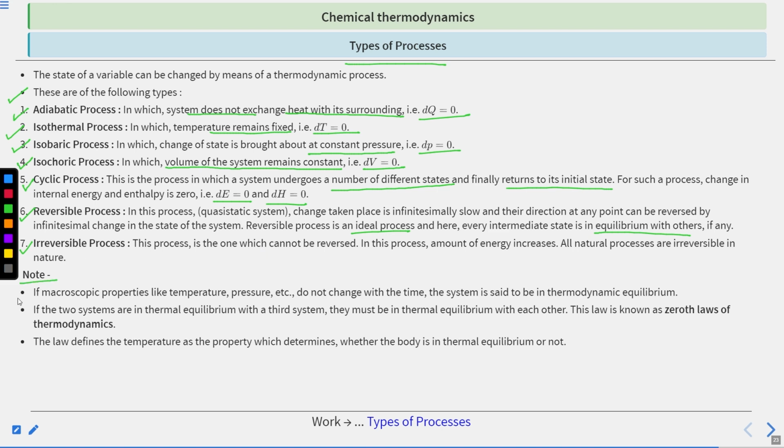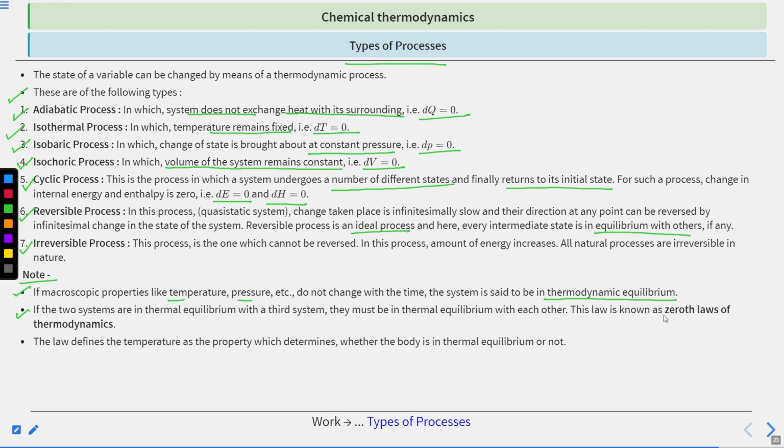There are some notes. First, if macroscopic properties like temperature, pressure, etc. do not change with time, the system is said to be in thermodynamic equilibrium. Second, if two systems are in thermal equilibrium with a third system, they must be in thermal equilibrium with each other.